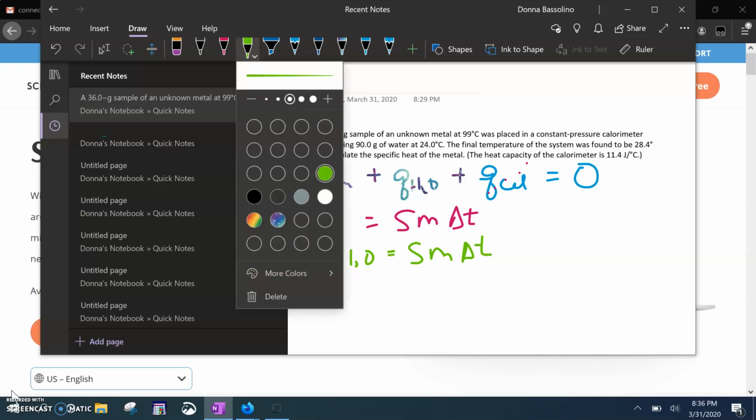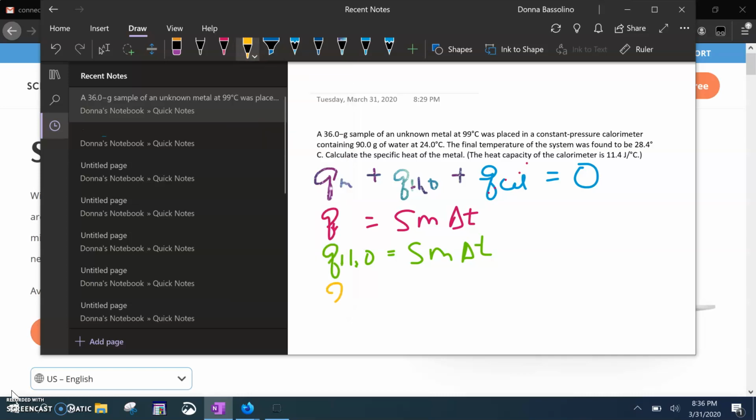Q of the calorimeter is equal to, and in this case the calorimeter doesn't have a mass, so this is where just the heat capacity times delta T comes in. So that's the Q of the calorimeter.